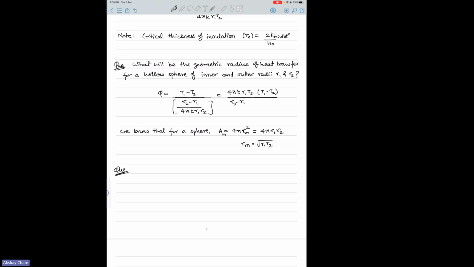Okay, one question is there. But before that, let me check if any characteristic question is there or not, generally critical thickness of insulation and this equivalent radius, etc. They are like famous, favorite questions. But let's go with the one question. This one.